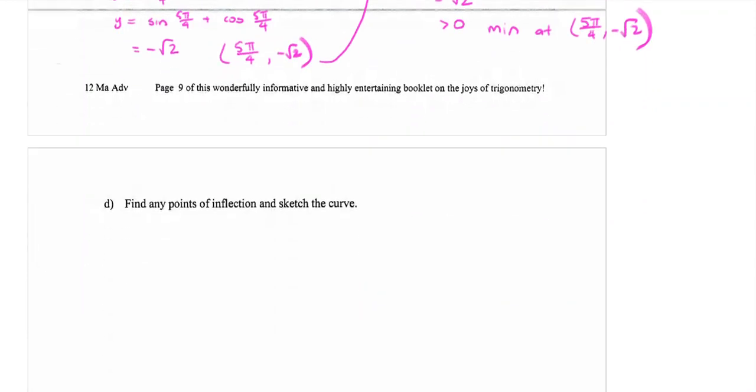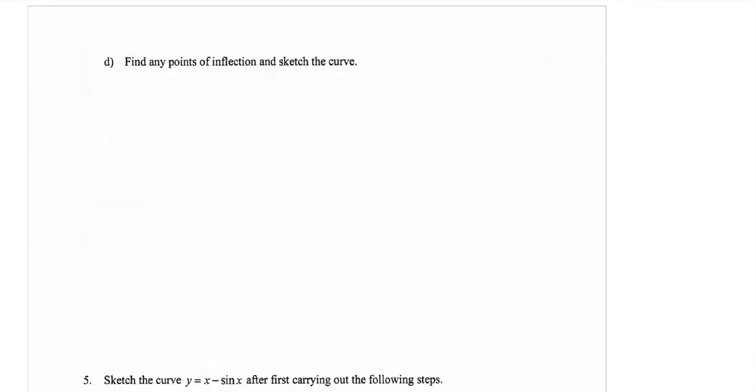Okay, we have a part D. Find any points of inflection. Aren't you glad we found that second derivative? Because to find the point of inflection, what do we do? When the second derivative equals 0.